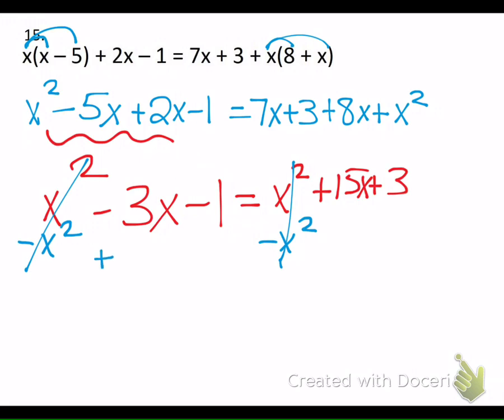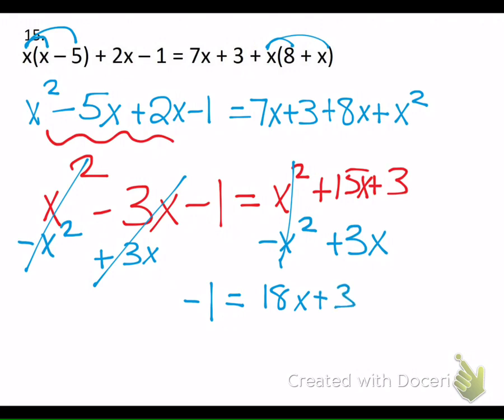But I can still get the x's to the same side. So I need to add 3x. So I have a -1 equals, the x squareds are gone. What's 15x plus 3x? 18x and plus 3.